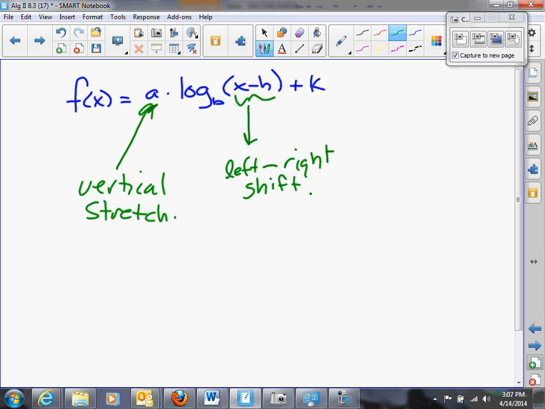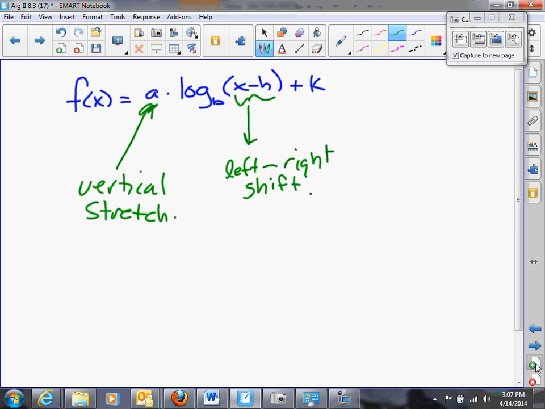This a right here stretches the graph vertically if it's bigger than 1, or if it's between 0 and 1, it compresses it. Also, if there's a negative sign on this a, then the graph is flipped over the x-axis. So a is going to be the vertical stretch.